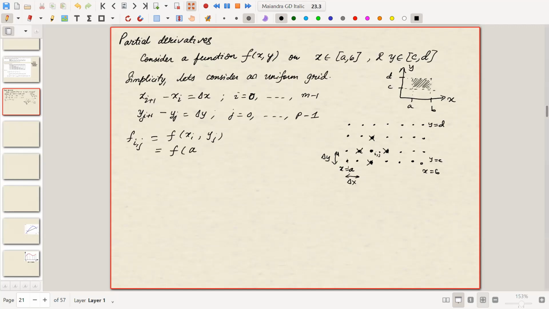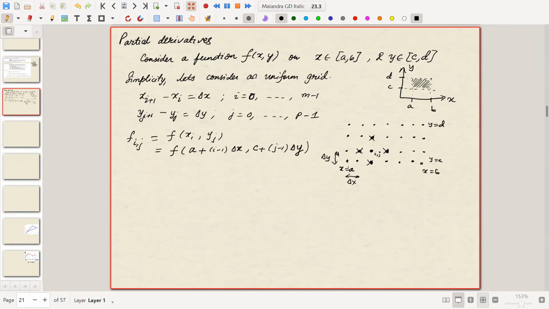You can write x_i as the starting point x_0 plus (i minus 1) delta x, and y_j will be the starting point c plus (j minus 1) delta y. You are respecting the step size of each variable.